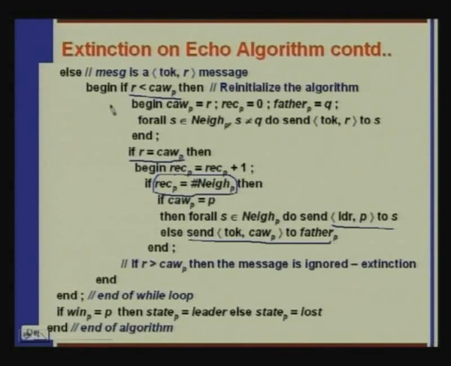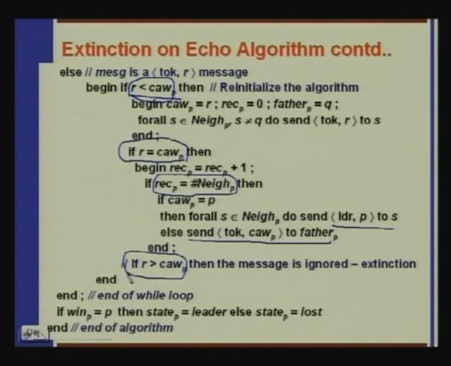Now, we looked at two cases: R is less than CAWP, in which case P switched over to the new wave, and R is equal to CAWP, in which case it behaved exactly as in the echo algorithm for this current wave. The third one is if R is greater than CAWP.